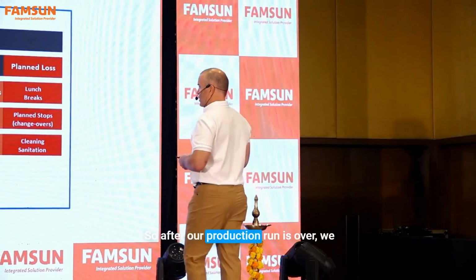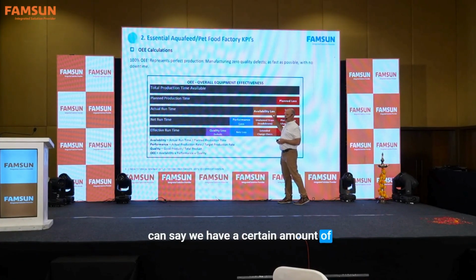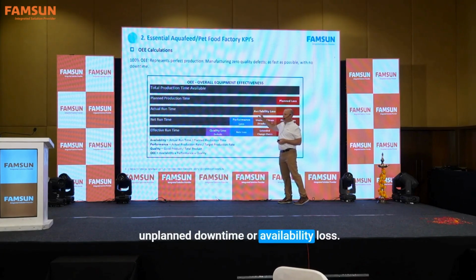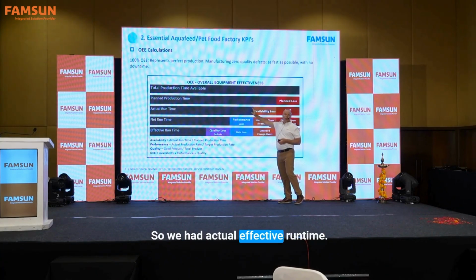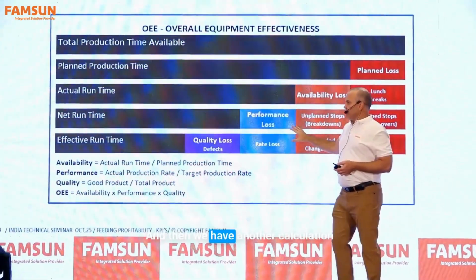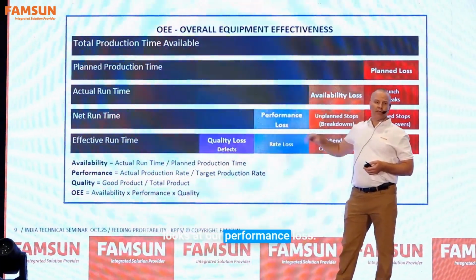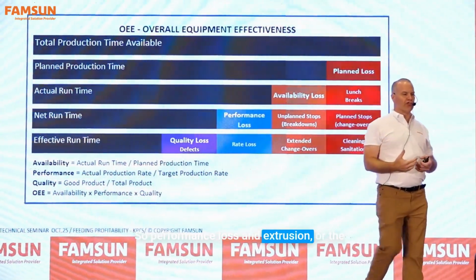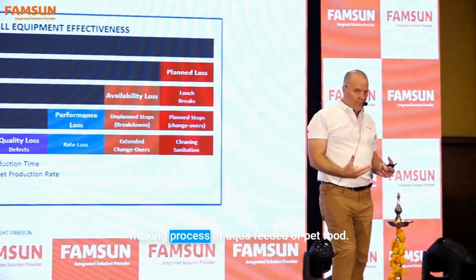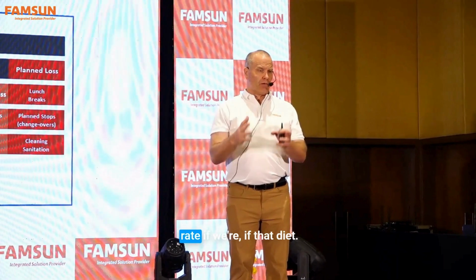So after our production run is over, we can say we have a certain amount of unplanned downtime or availability loss. So we have actual effective runtime. And then we have another calculation here that looks at net runtime, which looks at our performance loss. So performance loss in extrusion, or the making process of aquafeed or pet food, this is our extrusion rate.